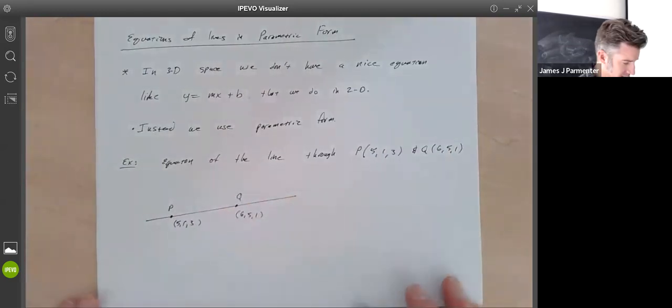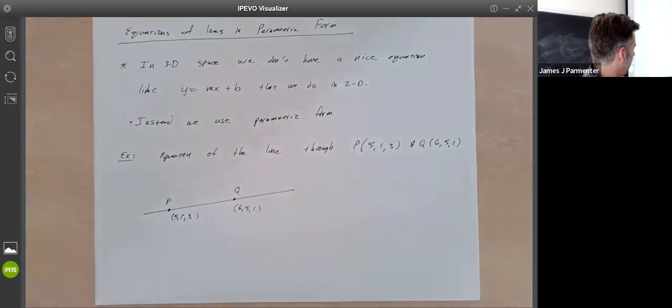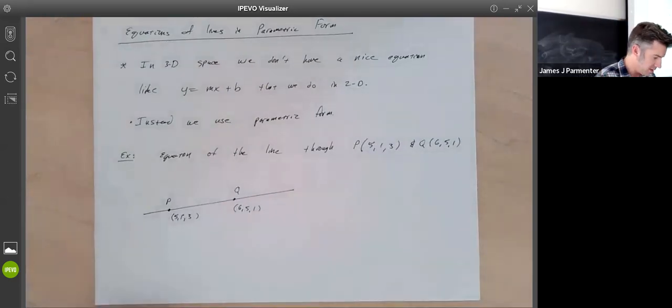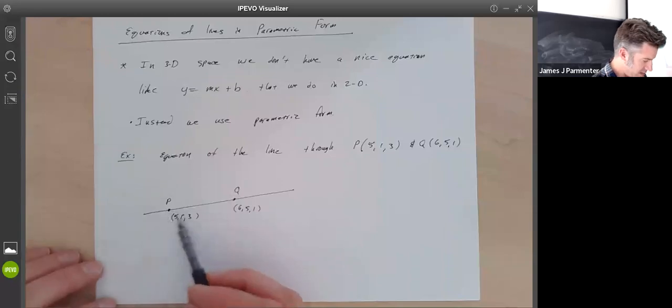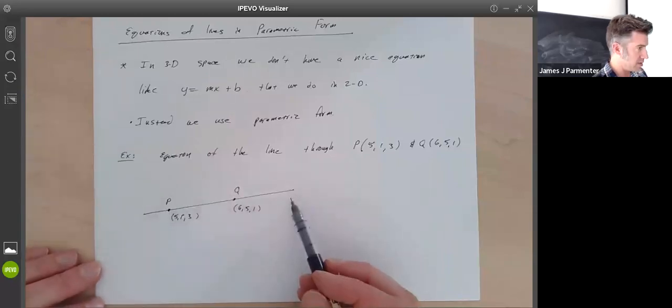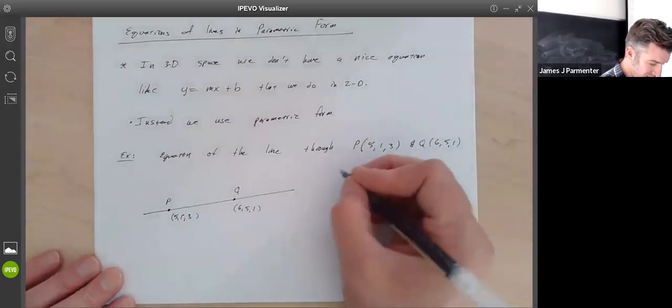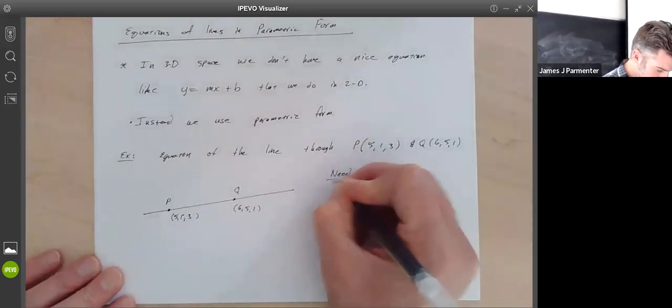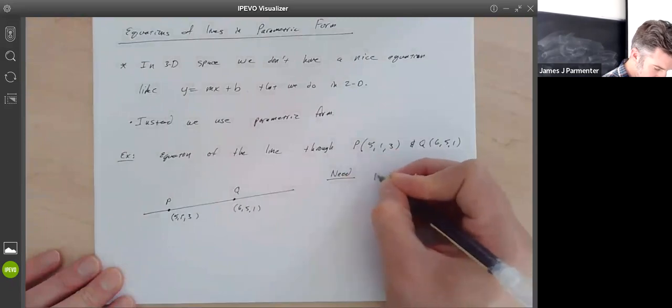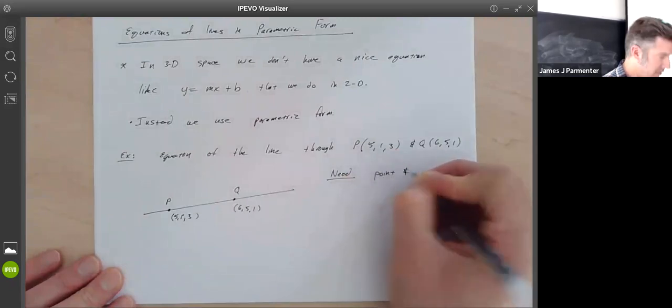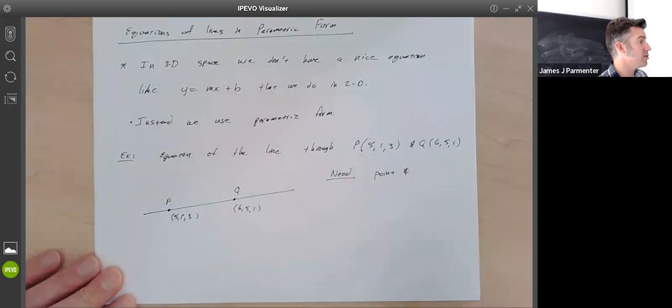Writing the parametric equation is actually really not terrible. All we have to do is think about the fact that we are starting at some point and then going towards the other point. Just like with regular lines in 2 dimensions, all you really need is a point, and instead of a slope, we need a point and a direction.